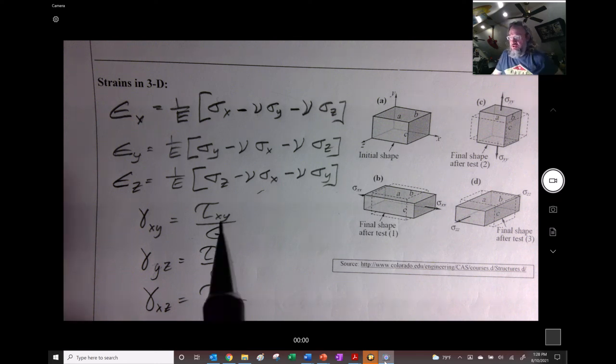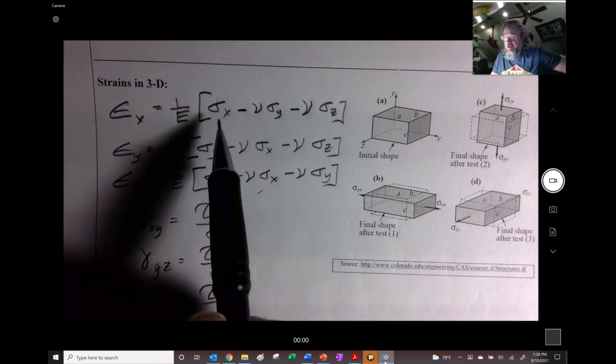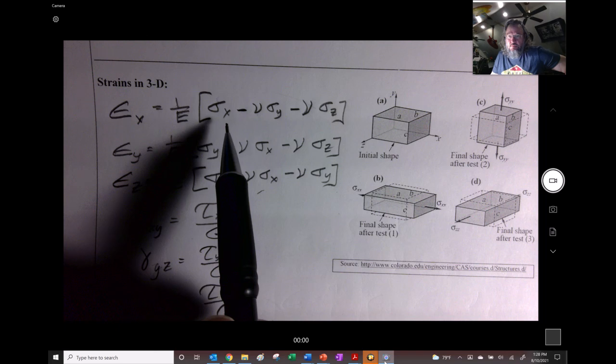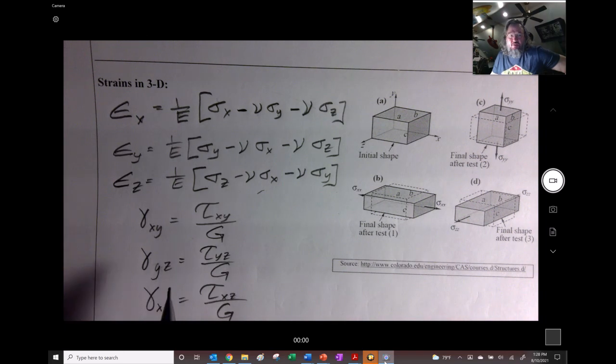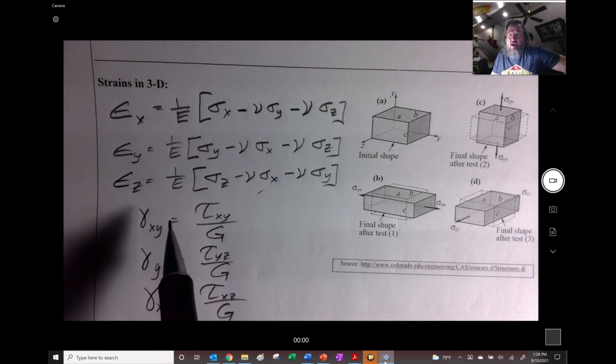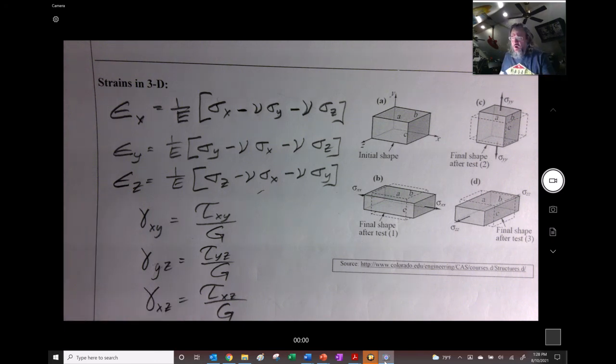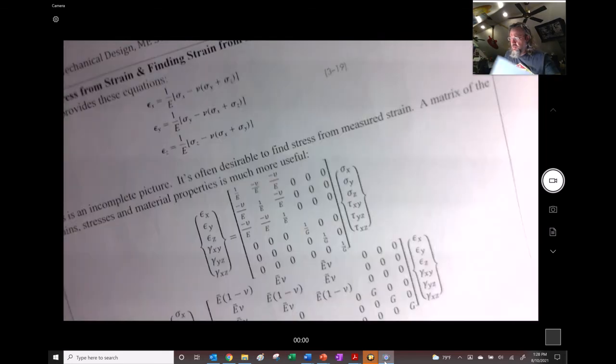So what we would like to do, if we know strain, is find stress. That isn't as simple as reversing all of these. You could try it yourself, and we need a different equation. I wrote it out at one point as part of my notes. I think I've just uploaded it now. Let me see. Yes, I did.